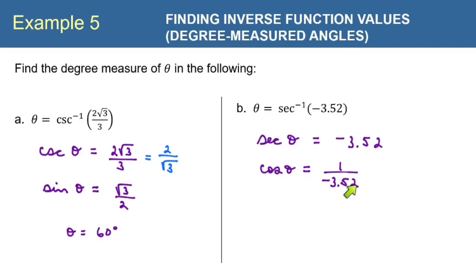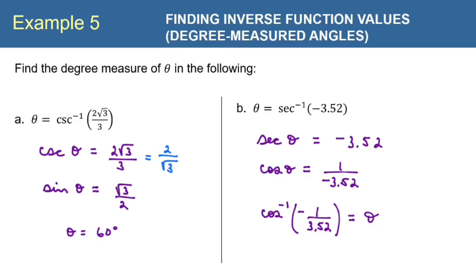Now this is not one of our memorized values, so in this case we will have to translate back into inverse form to find theta. So now we say if the cosine of theta is this number, then that means that cosine inverse of this number is theta.